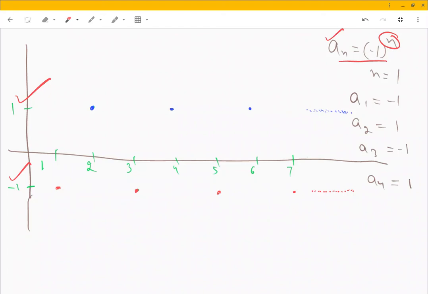So for this sequence, limit superior is 1. That means the largest limit point of the sequence, right? And limit inferior is negative 1, the smallest limit point of this sequence, right?